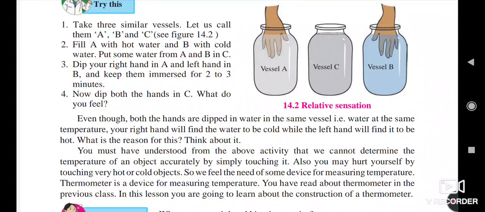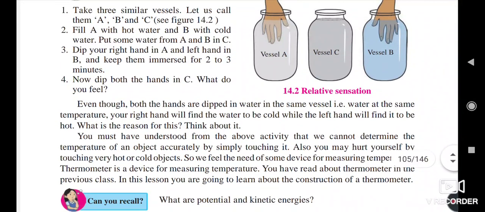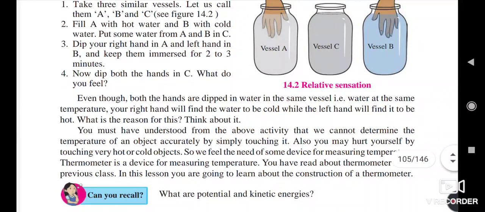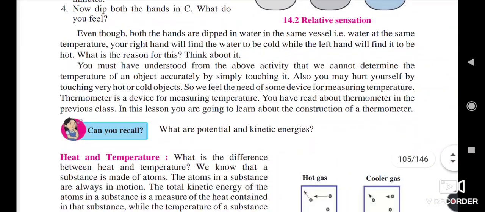In vessel B we feel very cold. But in vessel C we feel an average or normal temperature, the average heat of both A and B vessels. So in vessel C we experience the average heat of vessel A and vessel B.